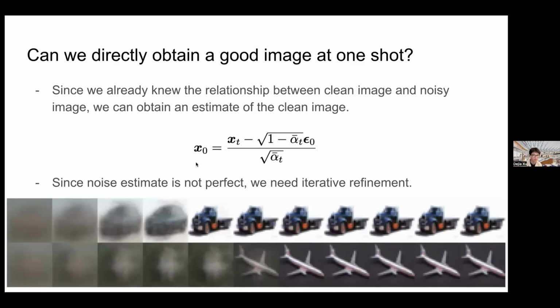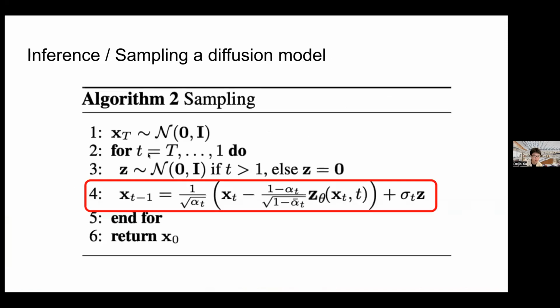So the idea is that we are reducing the noise level from a very high level, like we are cooling down the temperature. It's like at first we have boiling water at a very high degree, and then we are gradually cooling it down to ice water. And this is how our sampling step works.